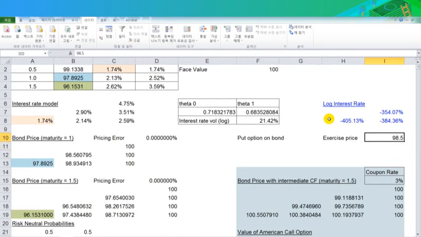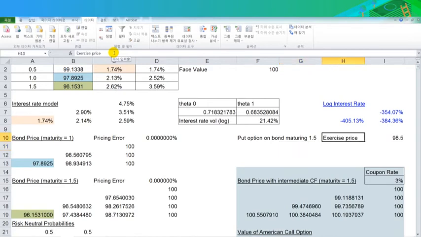So suppose the underlying asset is a bond maturing in 1.5 years, and the exercise price is 98.5. Then suppose we are interested in the price of that option. So a put option on bonds maturing 1.5 years later.